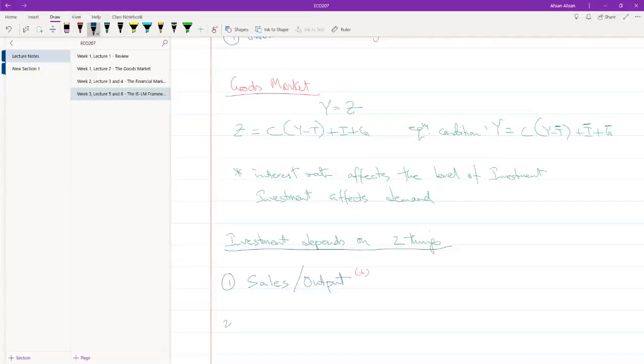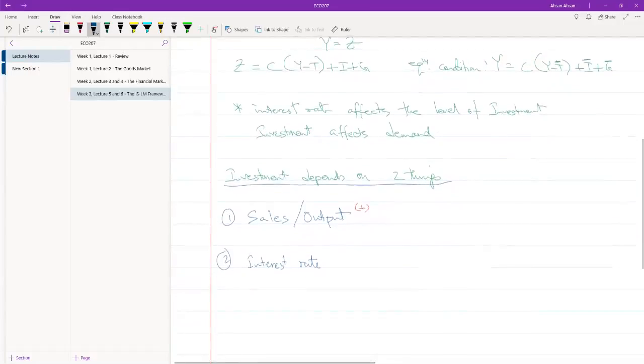The next thing that affects our investment decision is the interest rate. So let's go back to the same example. A firm, suppose your sales is going up, and so you want to buy more machinery to increase your production, but it will be very rare that a firm just has a lot of money lying around, which it can use to buy machinery. Usually you have to take out a loan from a bank and use that loan to buy new machineries.